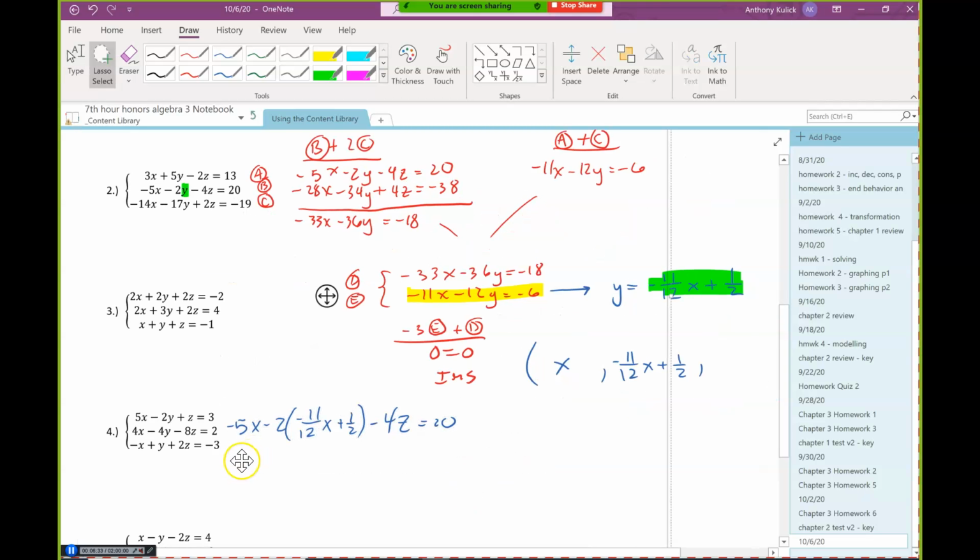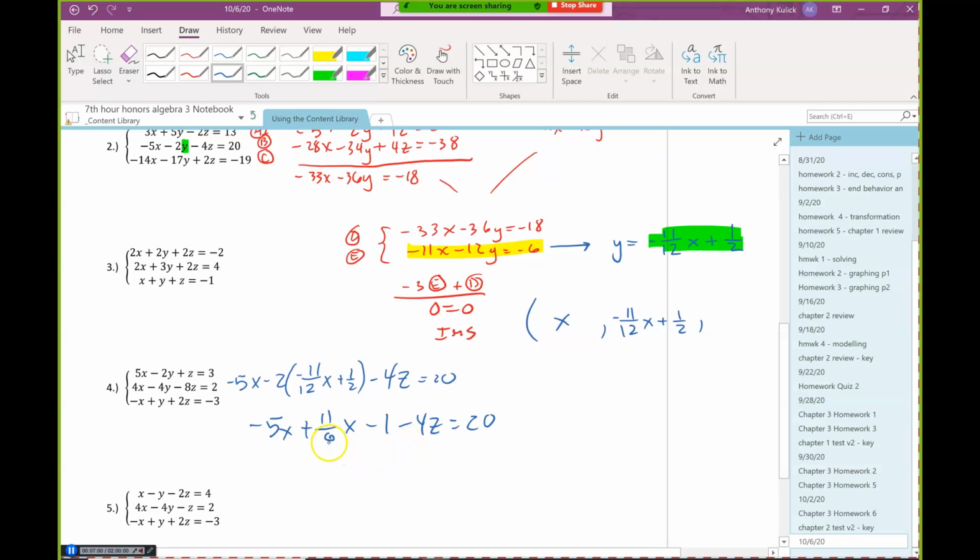So distribute the negative 2 through. That's going to give me negative 11 over 6x plus, oops, sorry, should that be plus 11 over 6x, minus 1, minus 4z equals 20. Okay there? Then we'll add the 1 over and then combine the 11/6 and negative 5.